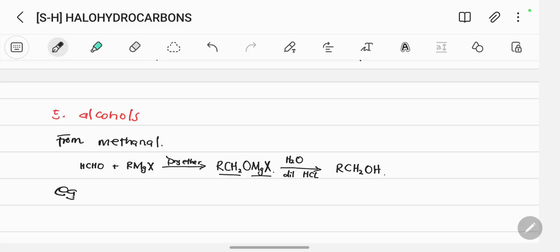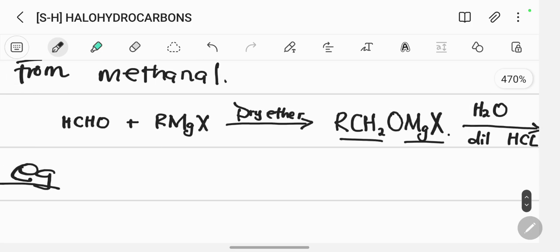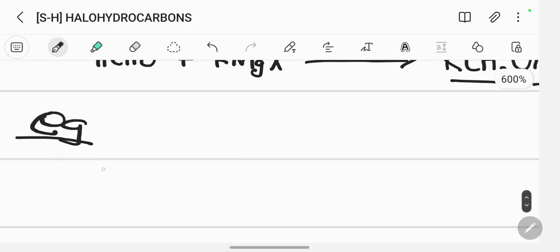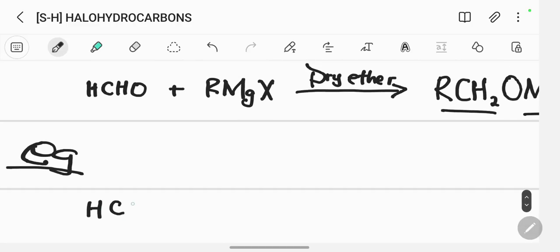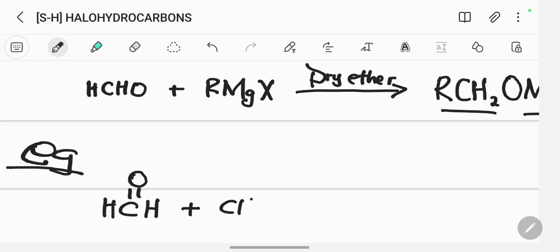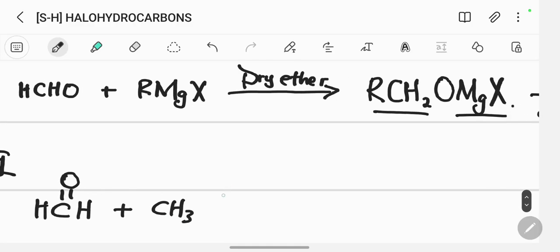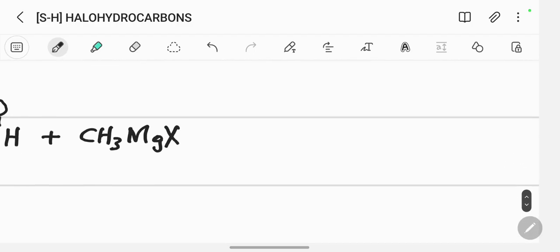For example, you may want a valid example. I'm having H, C, O, or some people may want to write it as C double bond oxygen, hydrogen, hydrogen. That one is methanal, and CH3MgBr. So this one is also one of those reactions that increase the carbon chain.